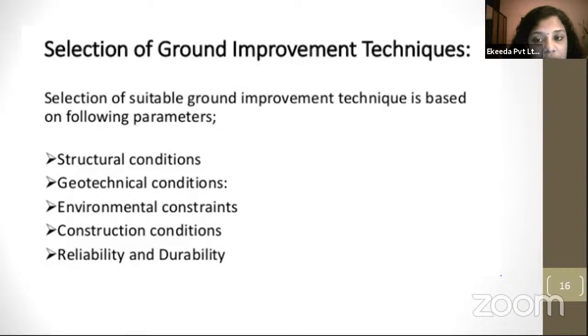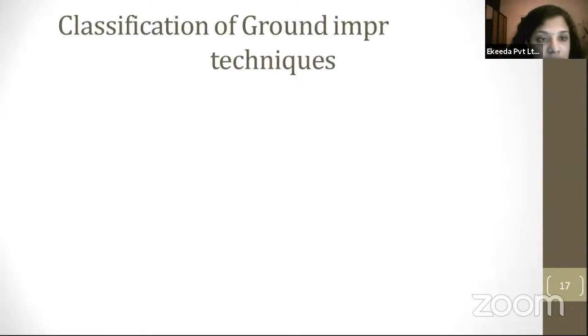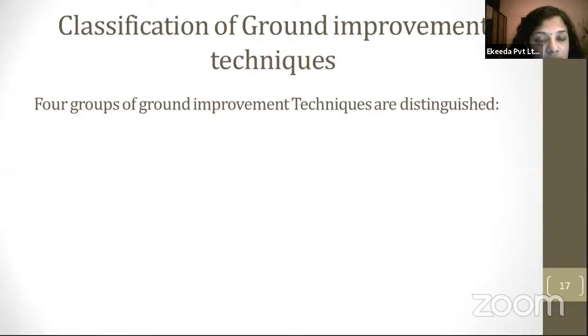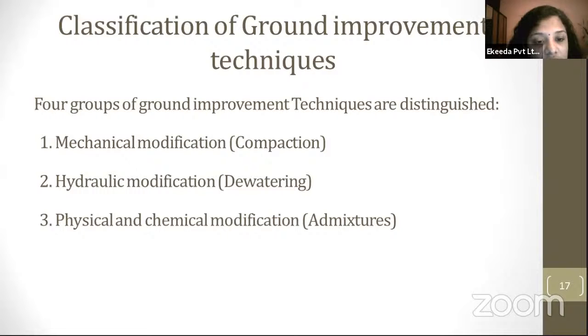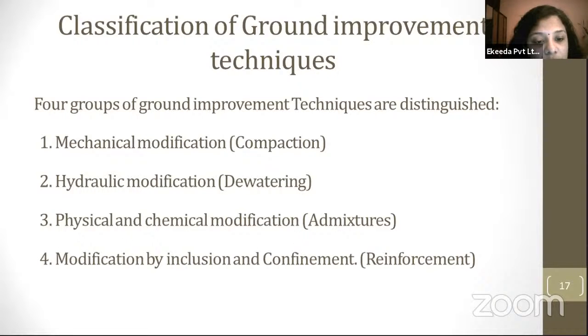Then selection of a suitable ground improvement technique is based on the following parameters: structural conditions, geotechnical conditions, environmental constraints, construction conditions, and reliability and durability. There are basically four types of ground improvement techniques: mechanical modification, hydraulic modification, physical and chemical modification, and modification by inclusion and confinement.